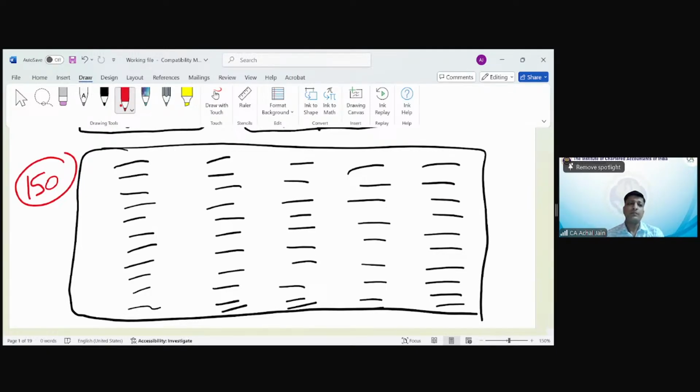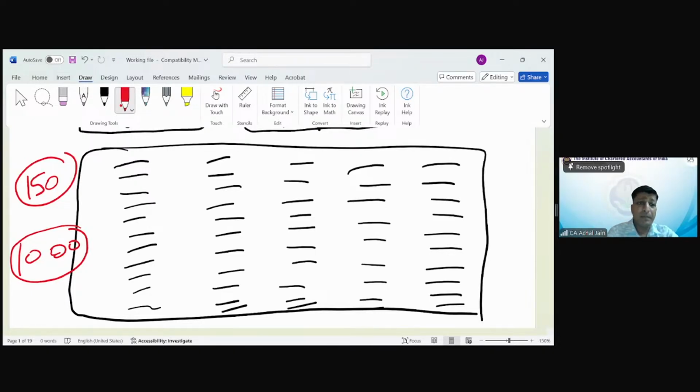Now the question arises, what will become the basis of selecting these 150? So out of 1000, the first point is understood that the auditor will pick up 150. Now which 150 will be picked up by the auditor? What will become the basis for that?